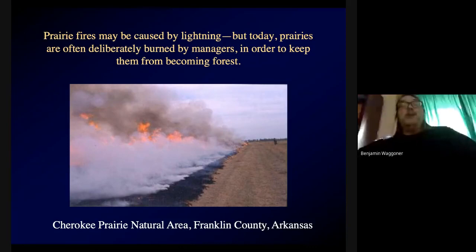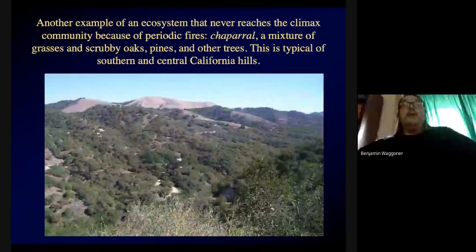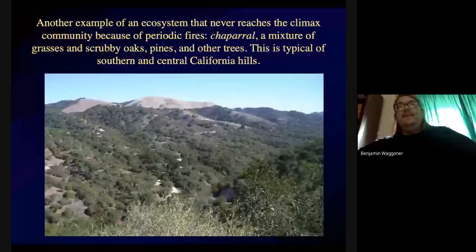This is one that I remember well from when I was a graduate student at the University of California in the People's Republic of Berkeley. This is what the Central California hills look like when they're not getting built over to form soulless suburbs for Silicon Valley. This is an ecosystem called chaparral.